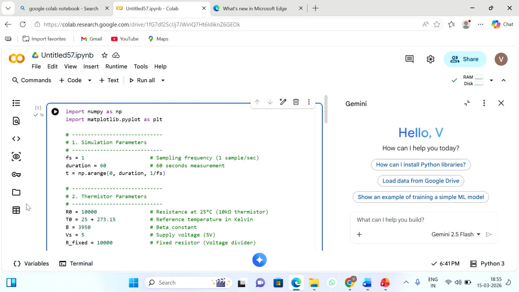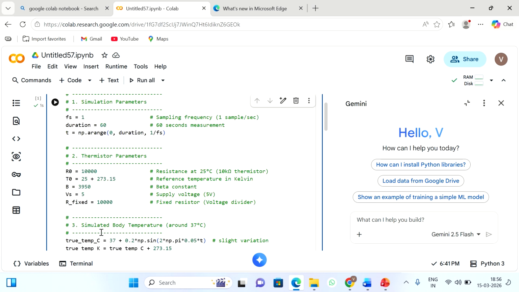So what is the principle? Because we are using a negative temperature coefficient thermistor, resistance and temperature are inversely proportional. And the beta equation we are using is T equal to 1 whole divided by (1/T0 plus 1/B ln R/R0).